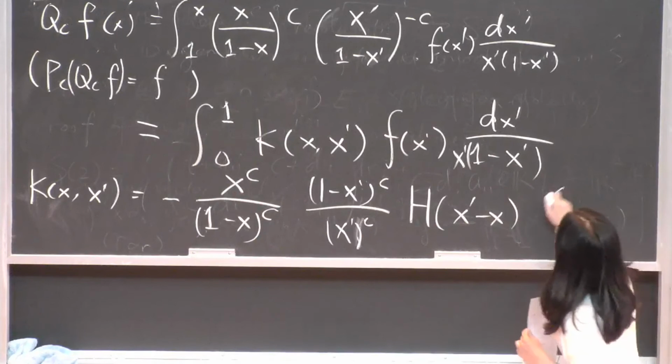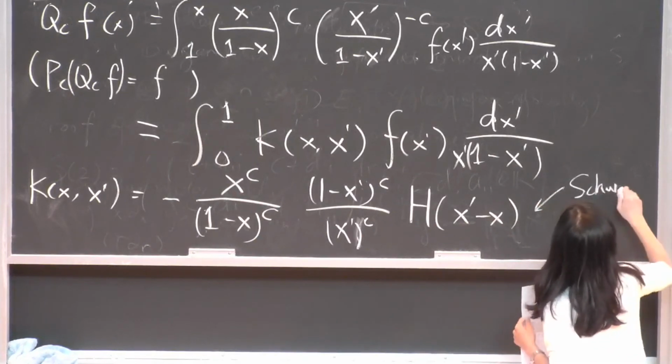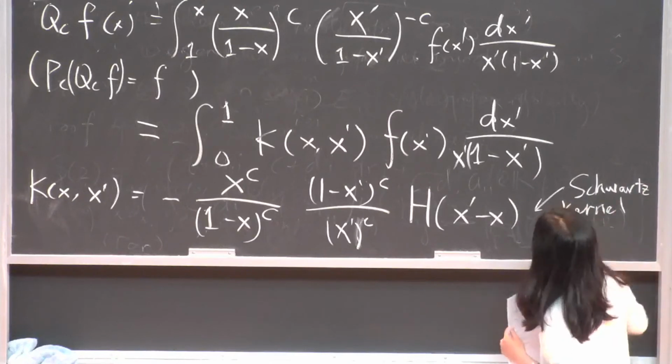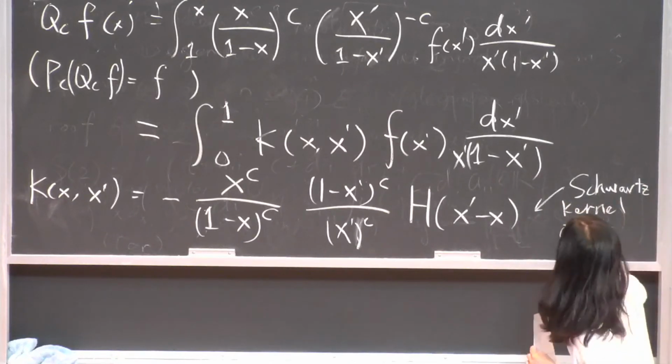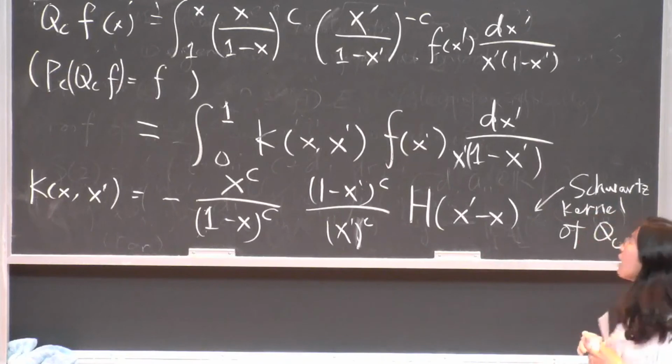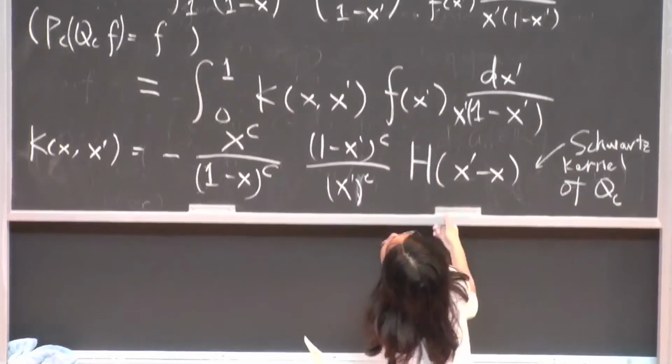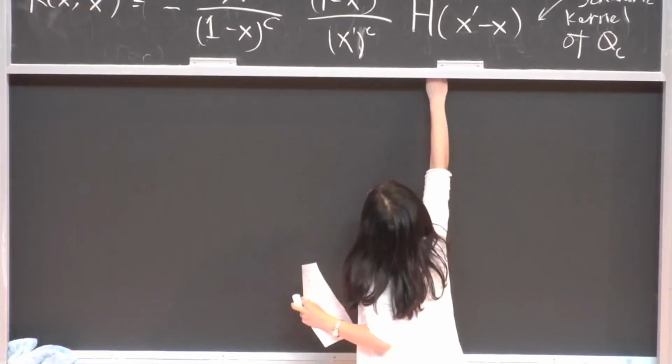Okay. So in a fancy way, this is the Schwartz kernel of the inverse of this operator. Okay, Schwartz kernel of k. Now let me quickly draw a picture.